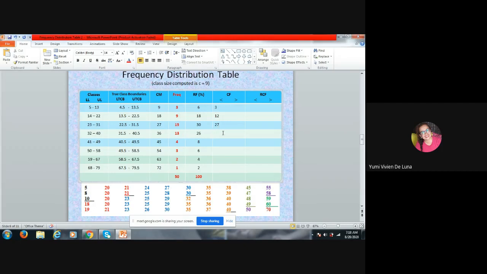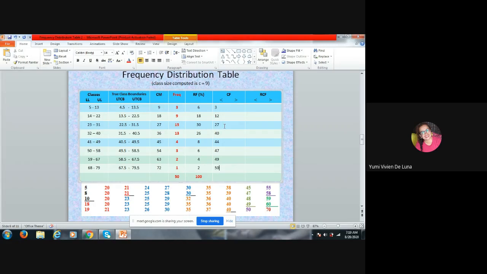Plus 13 will give us 40. Plus 4 will give us 44. Plus 3 will give us 47. Plus 2 will give us 49. And then plus 1 will give us 50. So the last value should be the total value of your total number of observation.